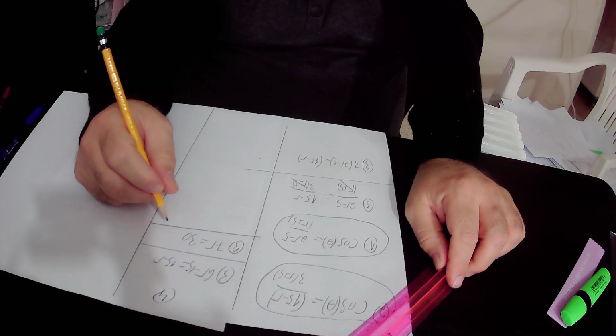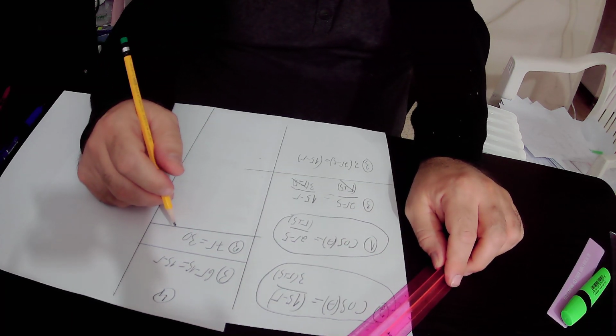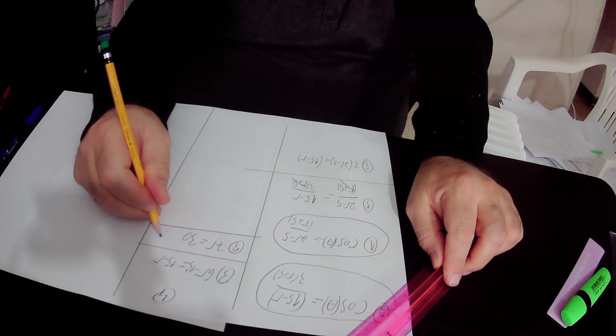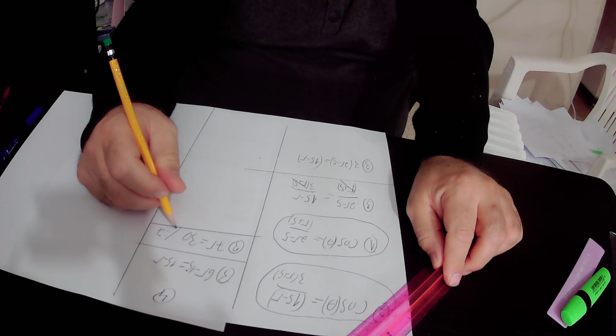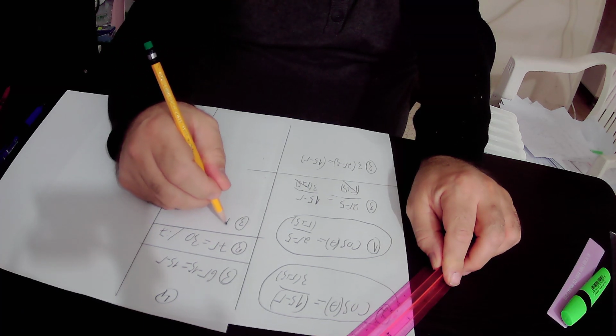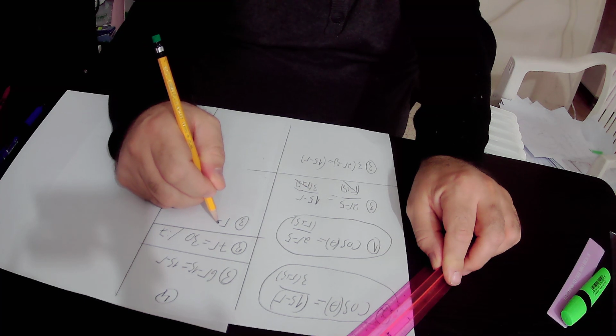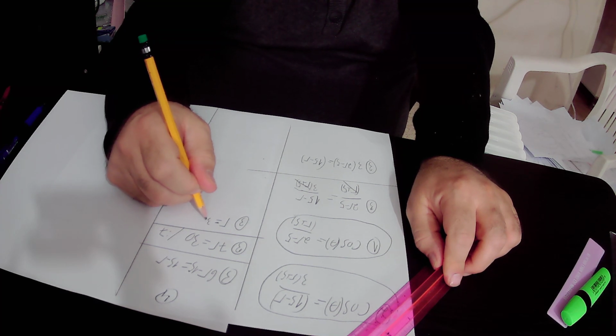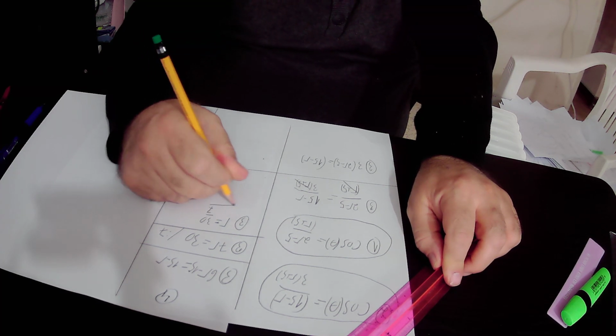So according to equation number 3, we got that 7r equals 30. We'll divide equation number 3 by 7, and we get that r, the radius of the orange circle, is equal to 30 over 7 units.